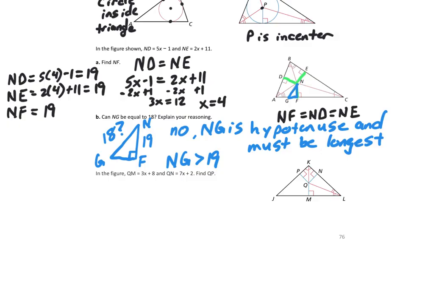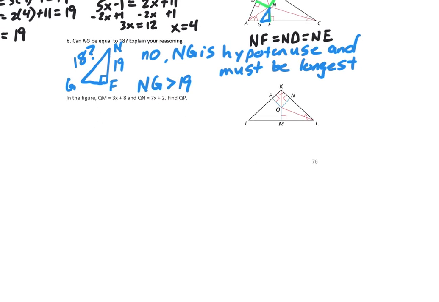All right, last one. Very similar to what we did. Once again, we're going to identify the three pieces that are congruent. PQ, MQ, and NQ are the three that we know are congruent, right?